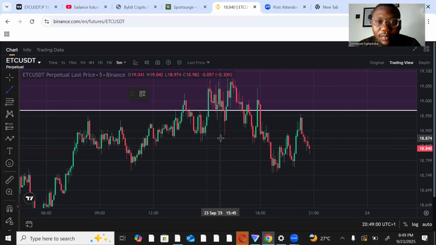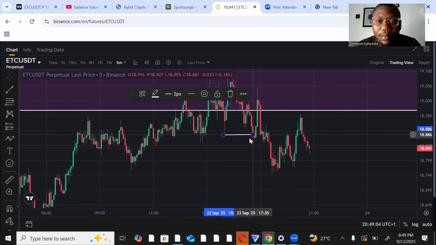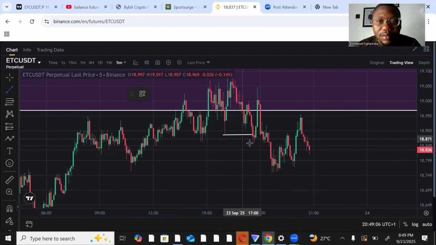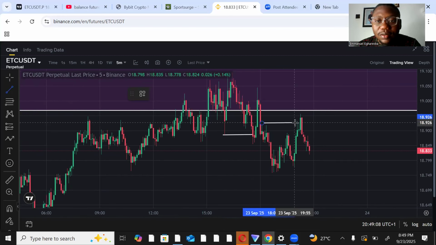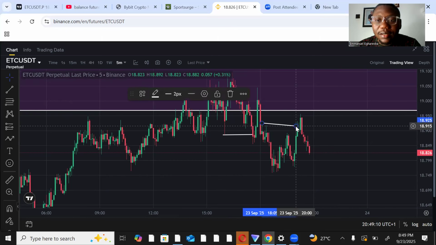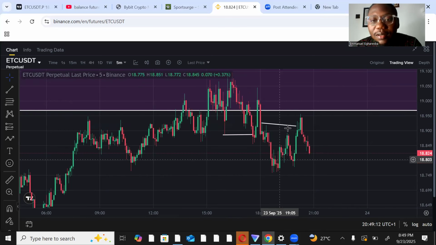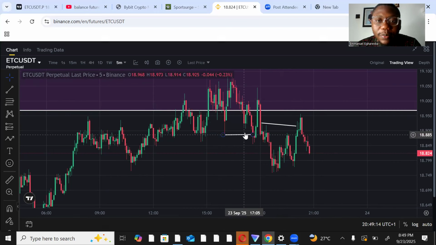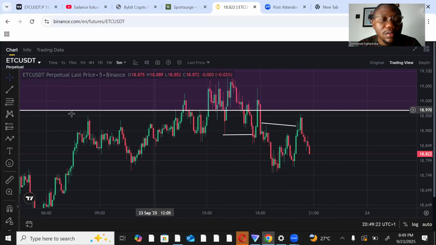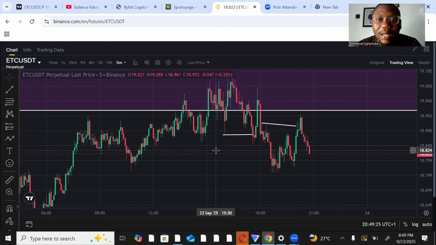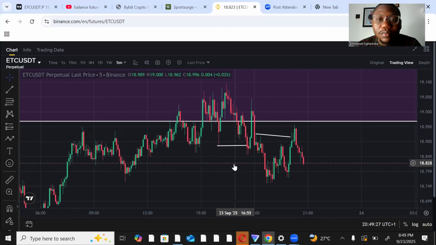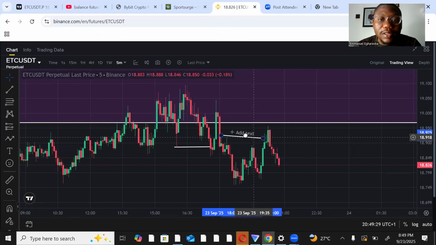So what price did was create an inducement to trick traders into selling prematurely. And then look at what price has done now. It's tapped straight here into, look at it here.